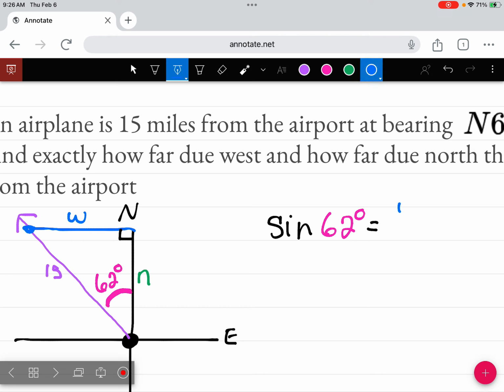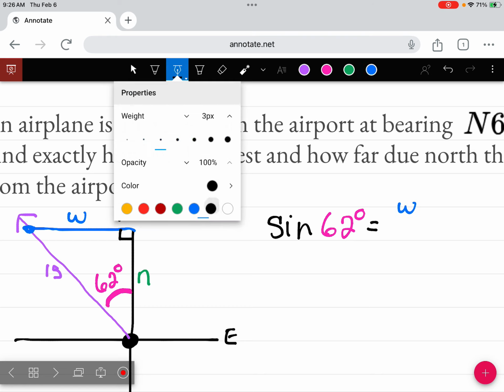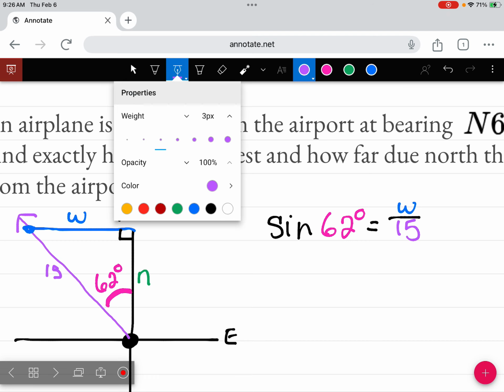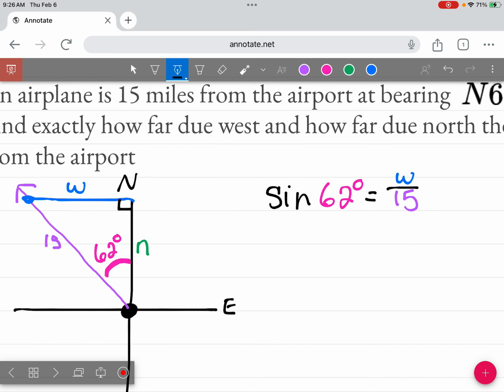So in this case, we're going to get our W over our hypotenuse of 15 to set up that sine. Exactly right, that we can multiply by the 15 to get that W by itself. So we're going to have our 15 sine of 62 degrees equals our W.